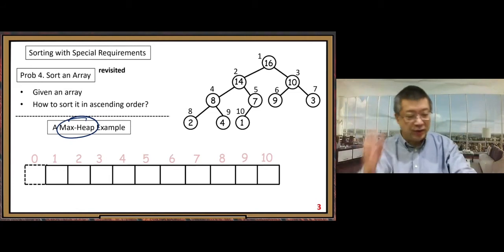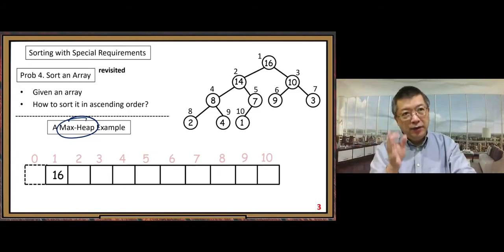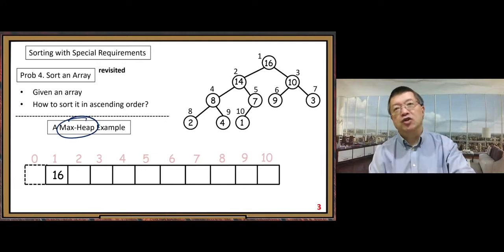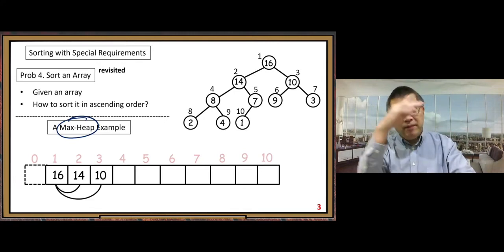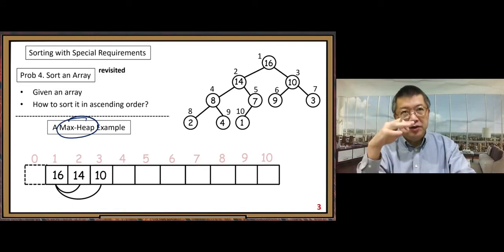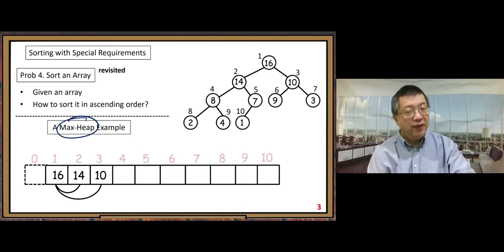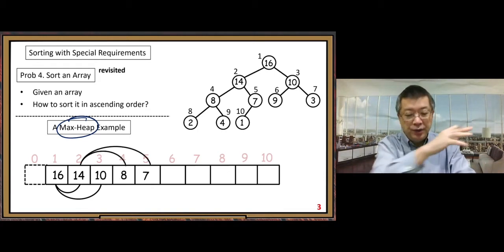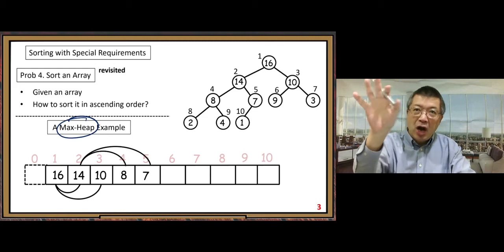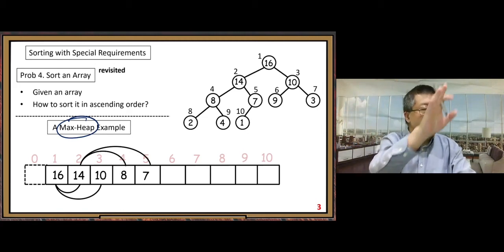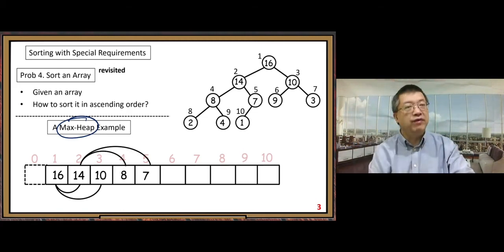Now we do the arrangement. The node with value 16 goes first. Then 2 child nodes at locations 2 and 3, 14 and 10. Then for node 14 at location 2, 2 child nodes at locations 4 and 5 with values 8 and 7, and so on.